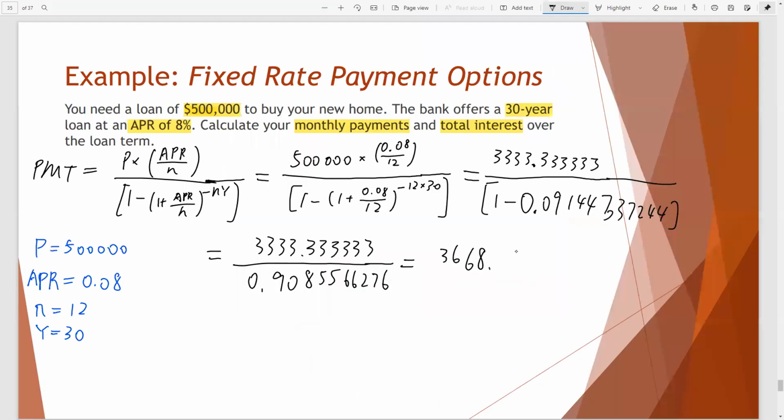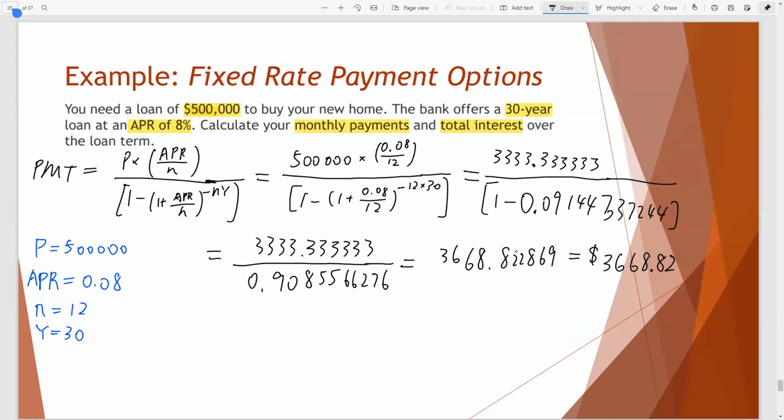Then finally we can round it to the nearest cent. That's $3,668.82 made each month.